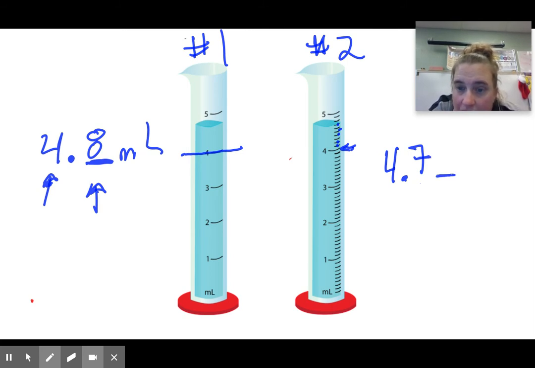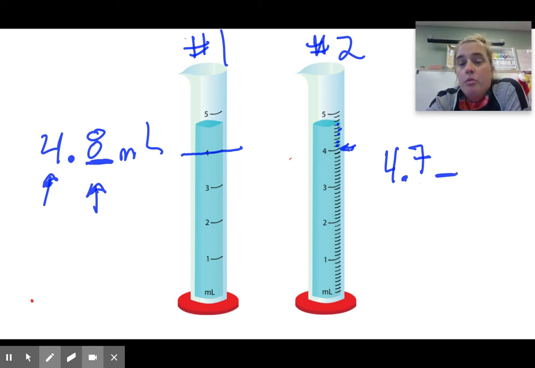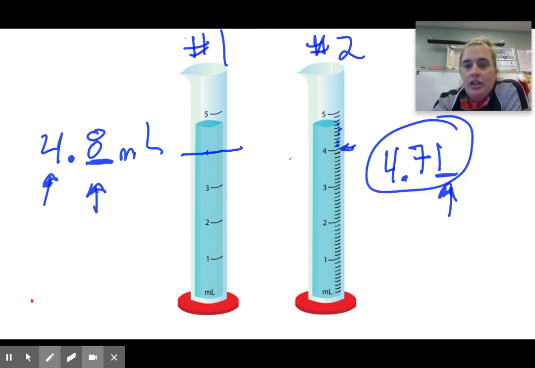And then the next digit would be my estimate. So this would be 4.7, and then I don't know, we can say 1, I could say 0, I could say 2. That last number is always an estimate. As you can see, this one has a few more digits than the 4.8.